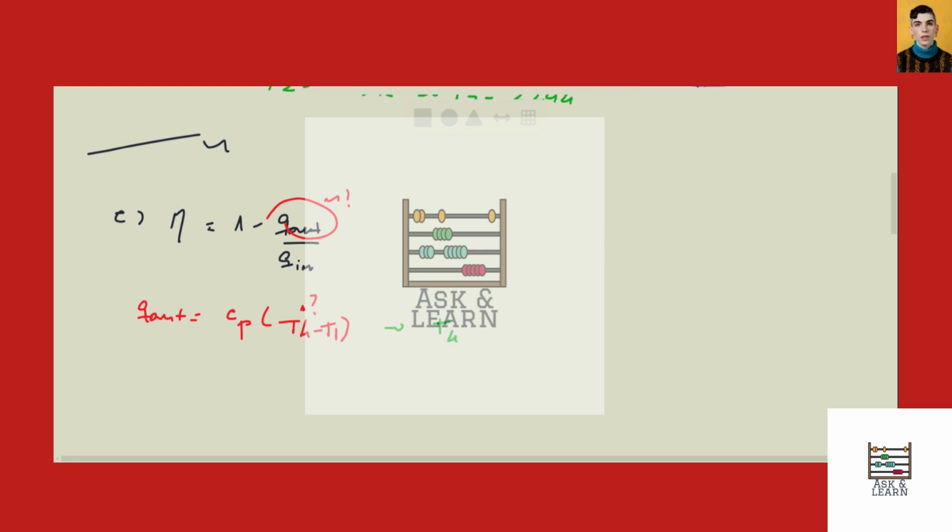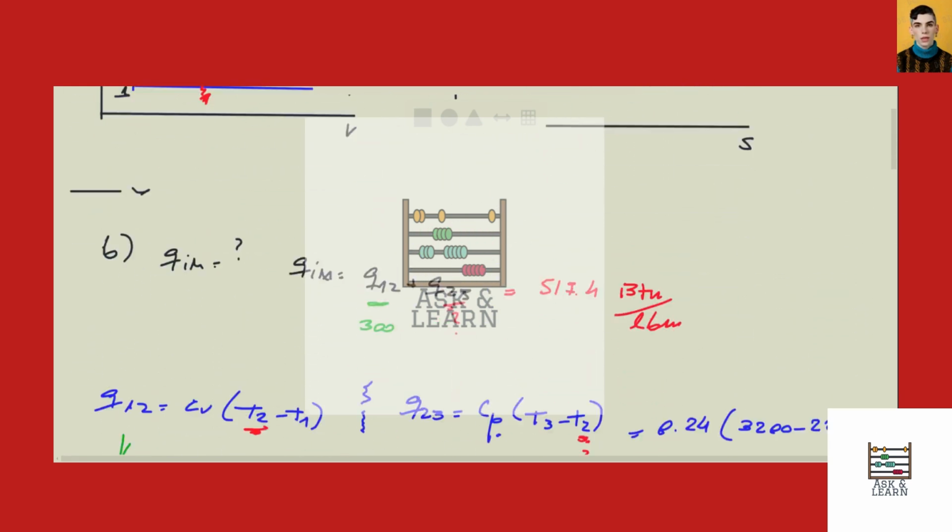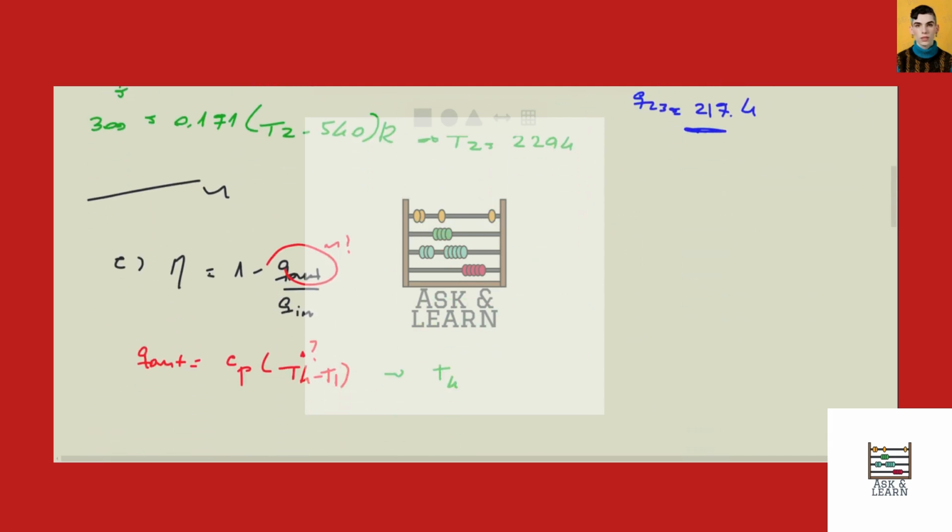Well, we know that the transition from 3 to 4 is isentropic. Therefore, an isentropic transformation is described by T4 equals T3 times (P4 over P3) to the power of (k minus 1) divided by k.